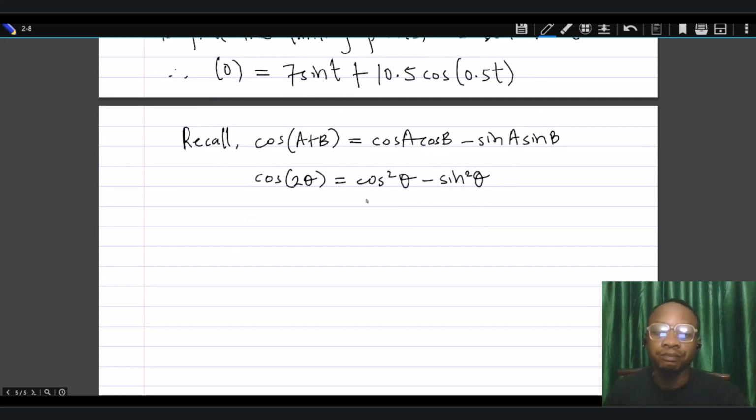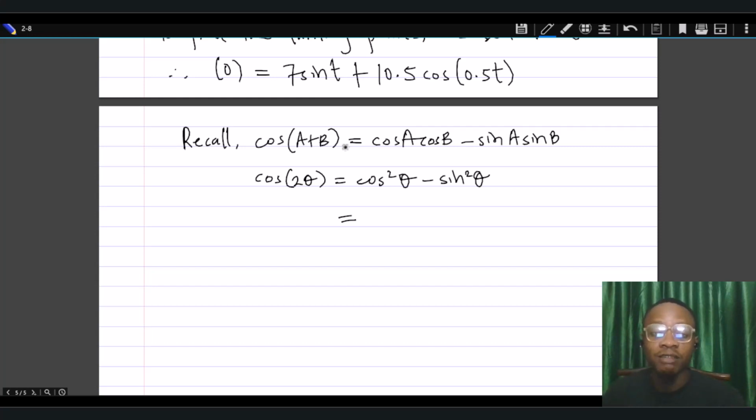And if you want to simplify this further, let's say in terms of cos or in terms of sine, then you can say that what we have here is equal to... Is it better to have the final expression in terms of cos, or have it in terms of sine?